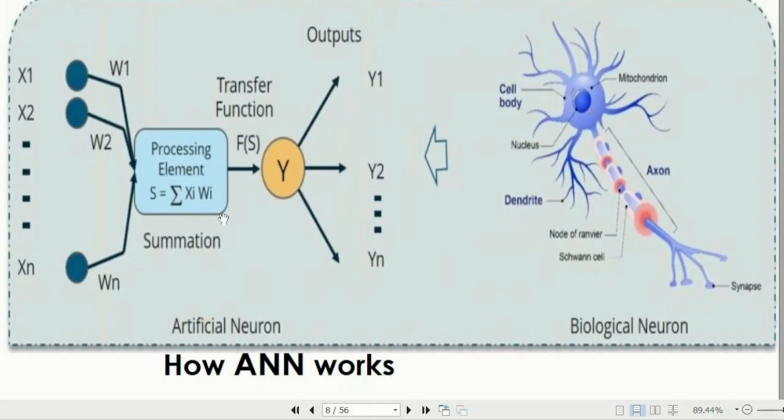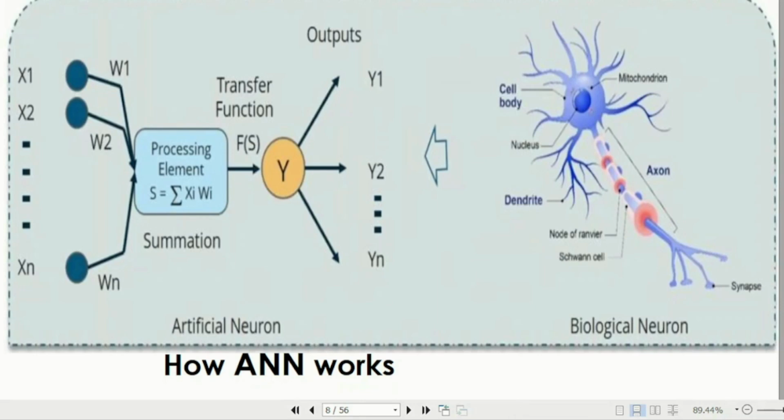So the processing element is the summation of both input and the weight, and then the function, that is a transfer function, or you can say activation function, which uses a parameter as a threshold, and afterward at the end we are getting some outputs at the right side. So this is overall how ANN works.